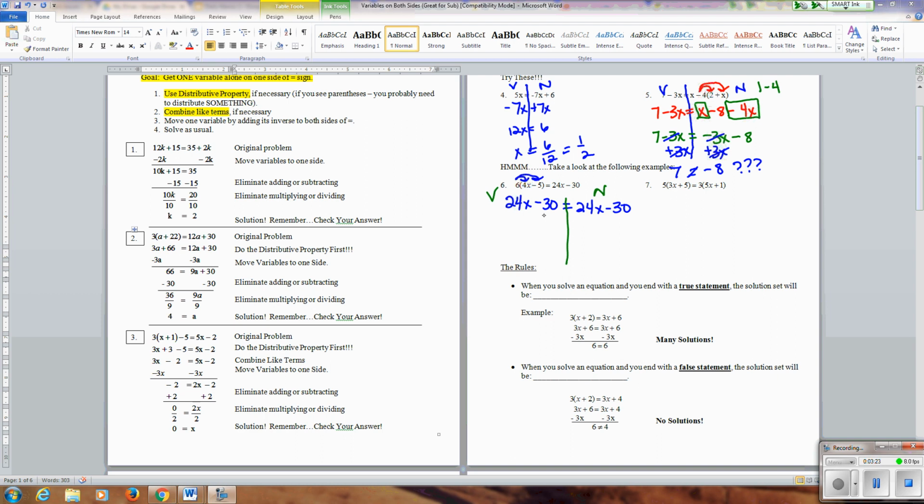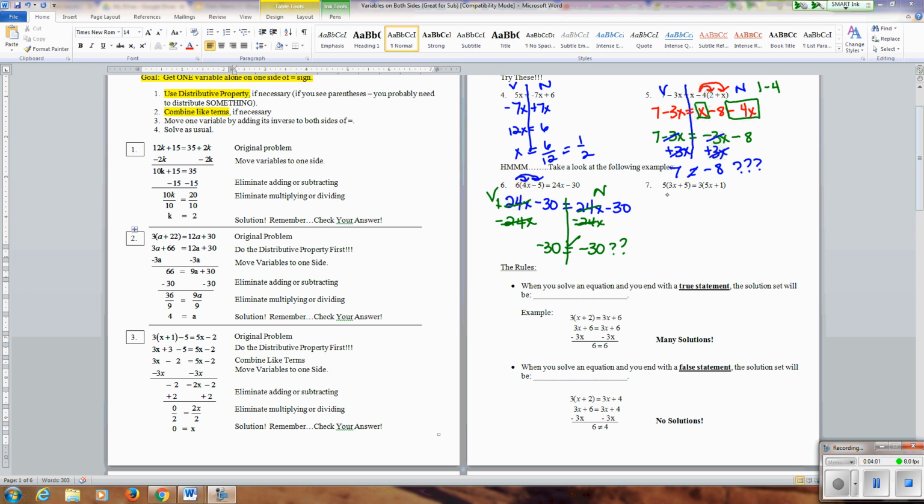Since my variable is going to be over here, I'm going to move the one on the right to the left by subtracting 24x. Again, this is a positive 24x, so I have to do a negative 24x to move it to the other side. Okay, so positive 24 and negative 24 add to 0, and that leaves me with -30 equals -30, and this is a true statement.